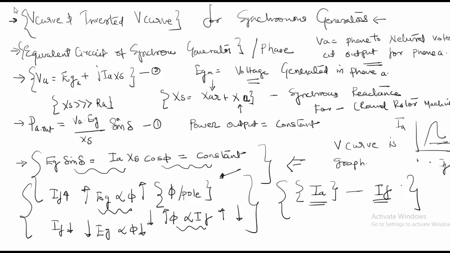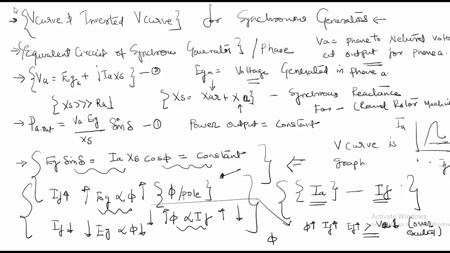One more thing is that when my flux has increased, my IF has increased and my EF has increased to such a level that it is greater than the terminal voltage VA, then the machine is said to be in a state which is known as overexcited field.